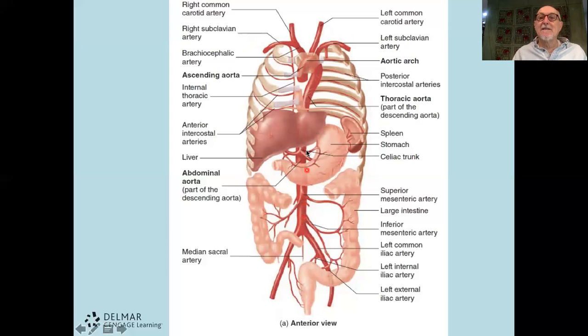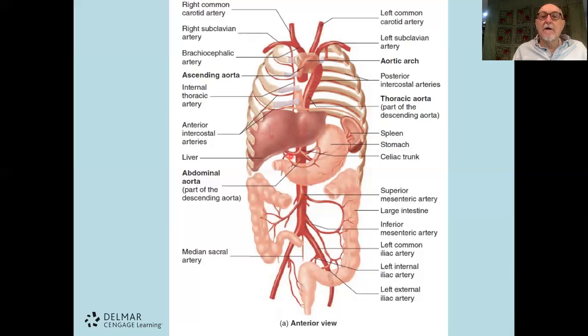This is also referred to here as the abdominal aorta. It gives off some really big branches, especially to your liver and your gut. All I want you to remember is the descending aorta, and then remember these. We'll see them again in a minute.